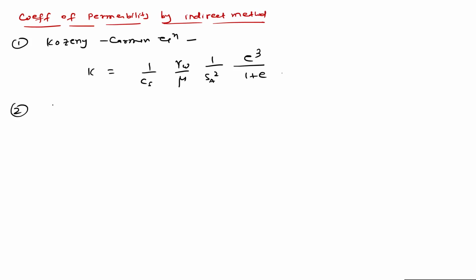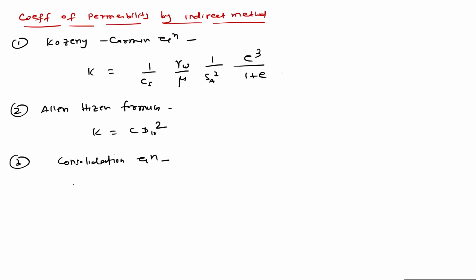Second is the Hazen's formula, which is k is equal to C d10 square. And third is the consolidation equation, k is equal to Cv mv gamma w.